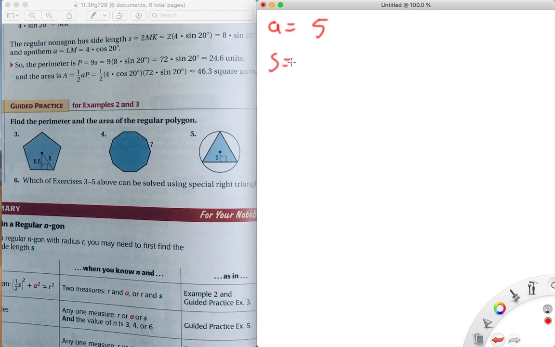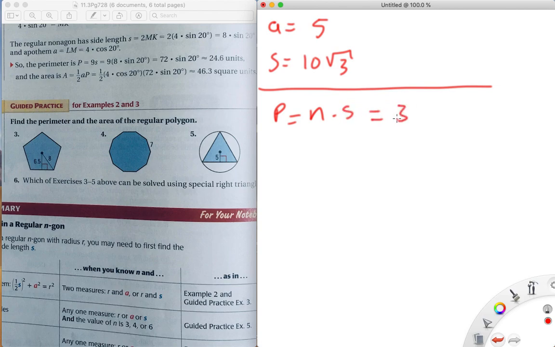So apothem is equal to 5. The side is equal to 10 times the square root of 3. Perimeter is equal to the number of sides times the side. In this case, it's going to be 3 times 10 root 3, which means that our perimeter is 30 root 3. That is our perimeter.